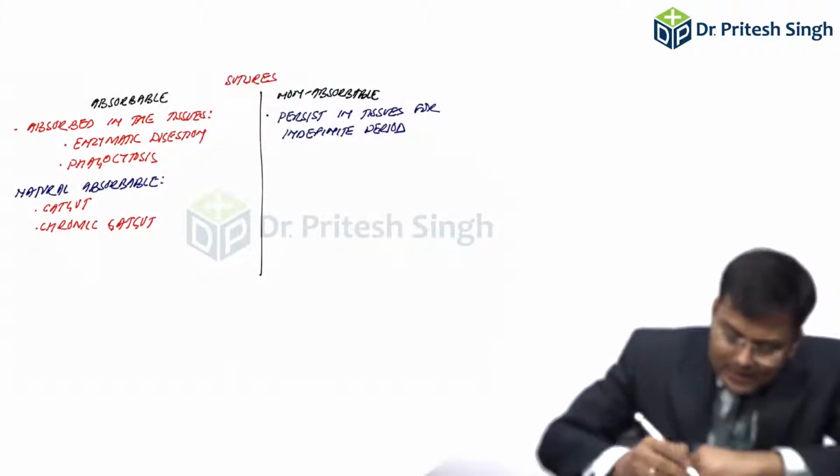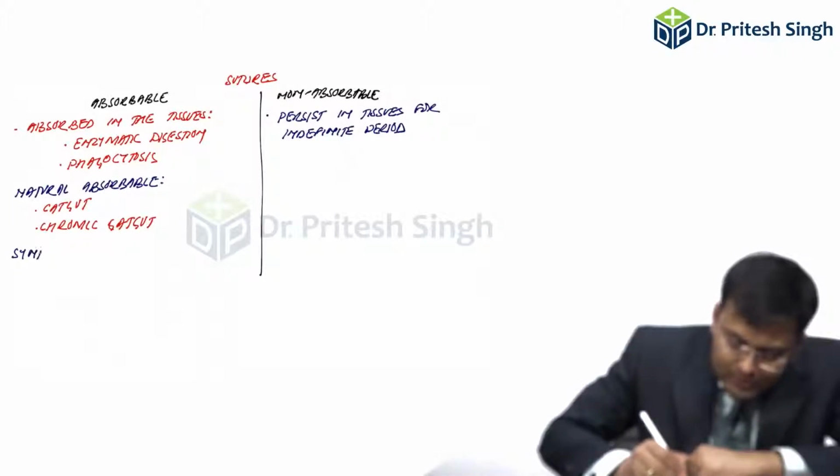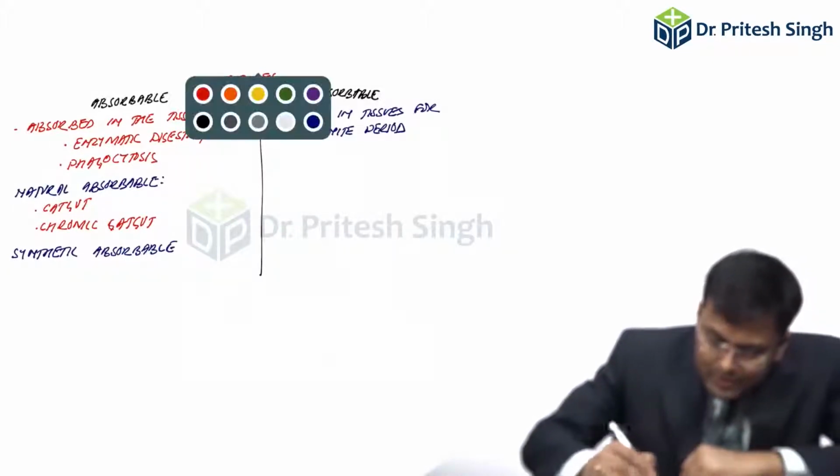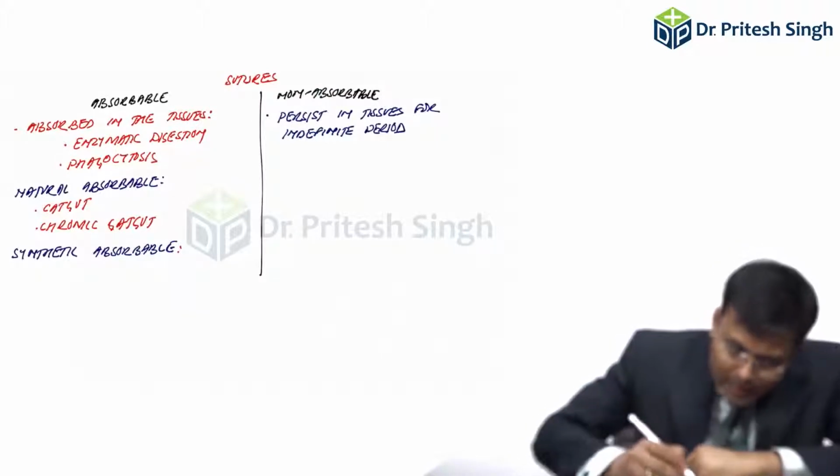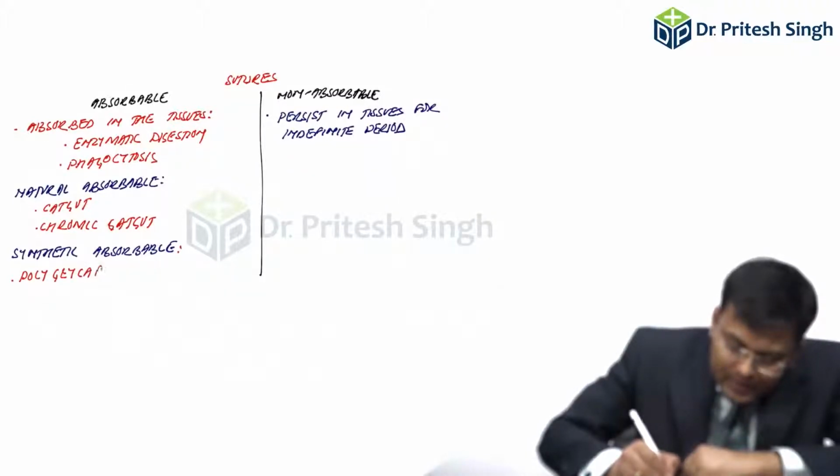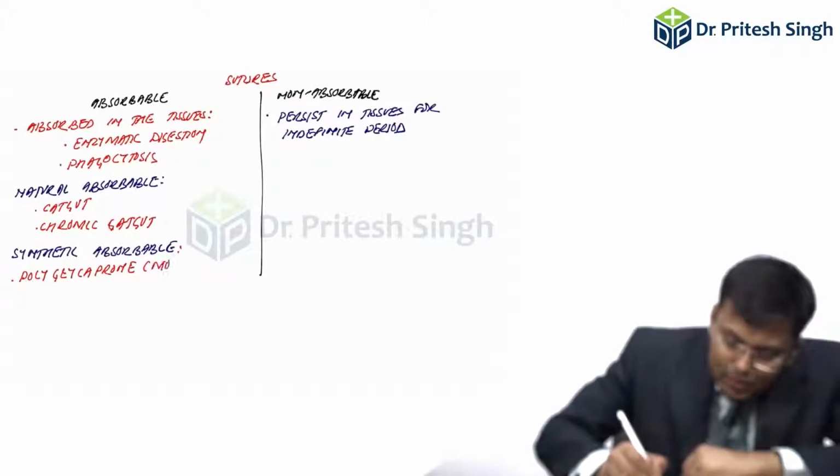Similarly, there are synthetic absorbable sutures. And what are those synthetic absorbable sutures? These sutures are polyglecaprone. The other name of polyglecaprone is Monocryl.